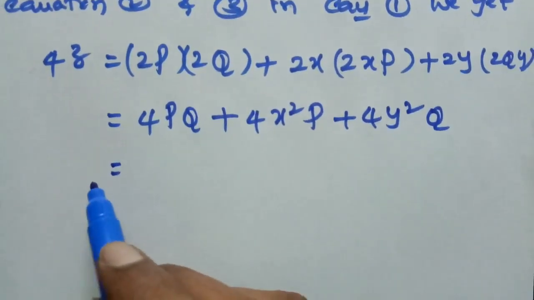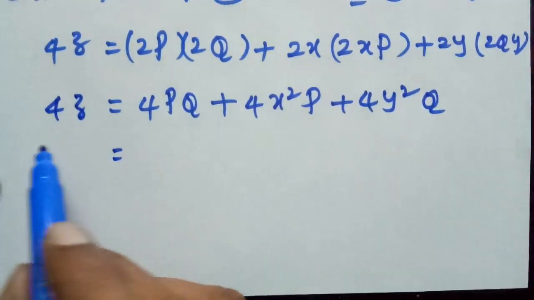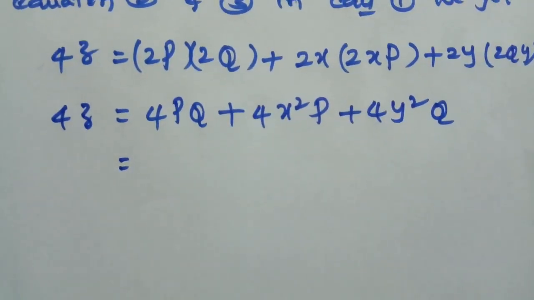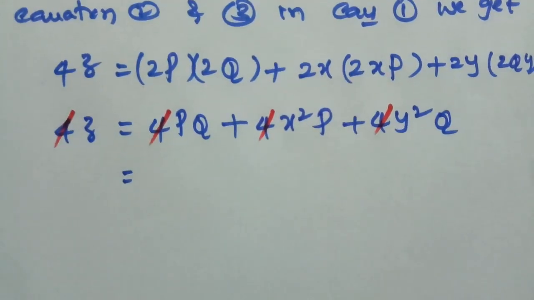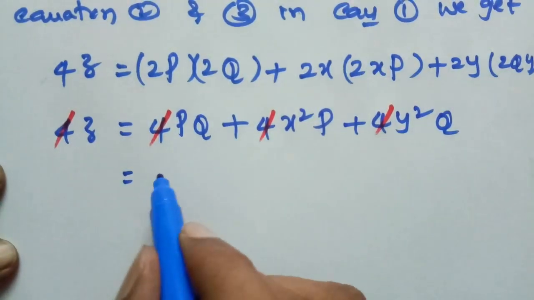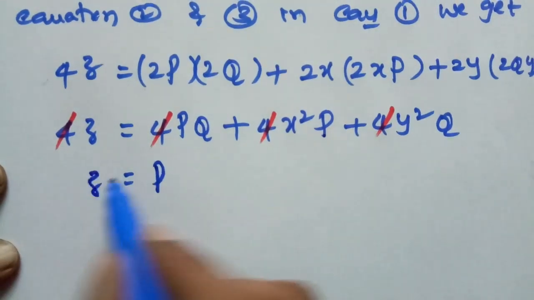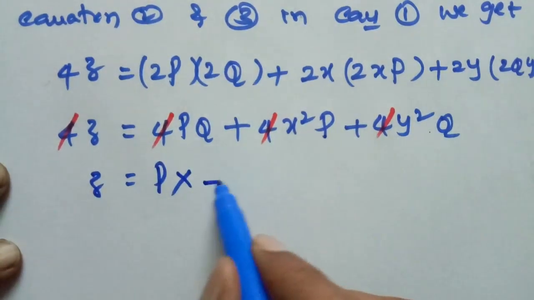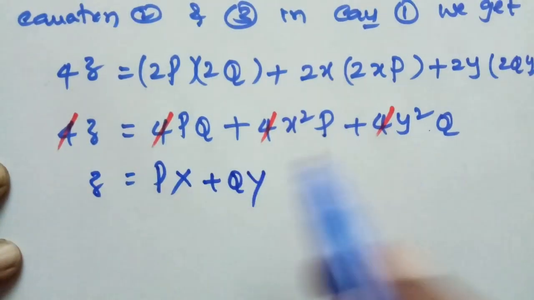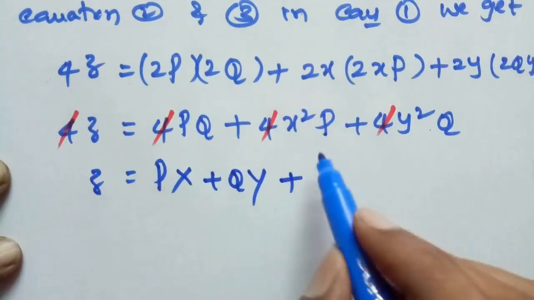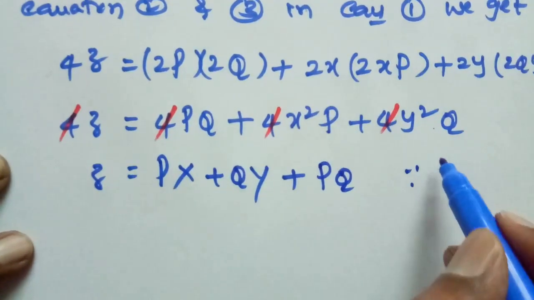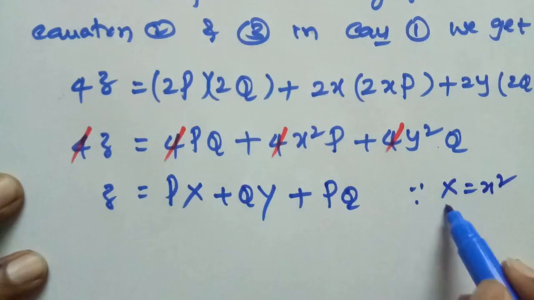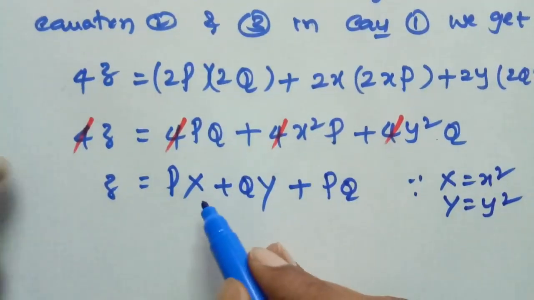Therefore, throughout 4 is a common factor and 4 gets cancelled. This can be written as z is equal to P into capital X plus Q into capital Y plus PQ, since capital X is equal to x square and capital Y is equal to y square.